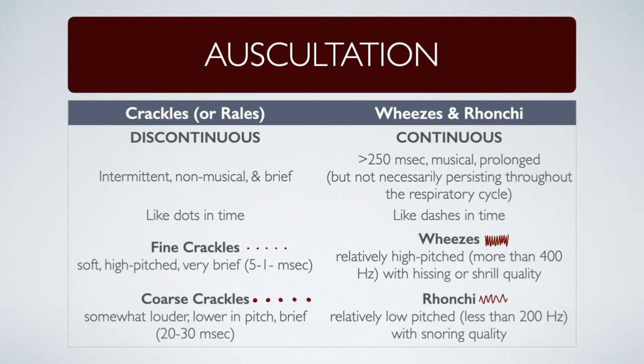In asthma, we associate wheezes more, but wheezes can also be heard in COPD and also in some forms of pneumonia, depending on the type of the pathogen. But wheezing is more of a vibration of the airway because of narrowing or a thickening of the airway.